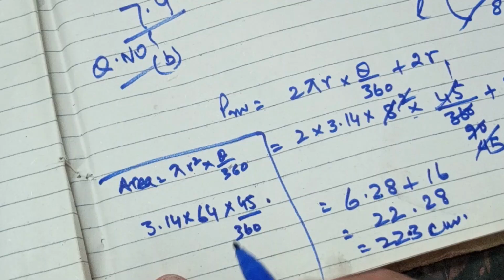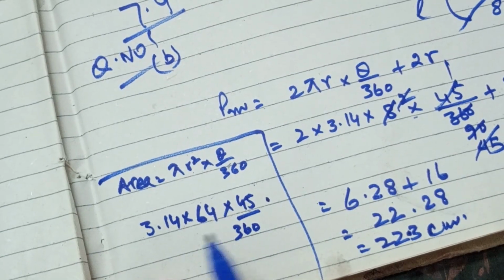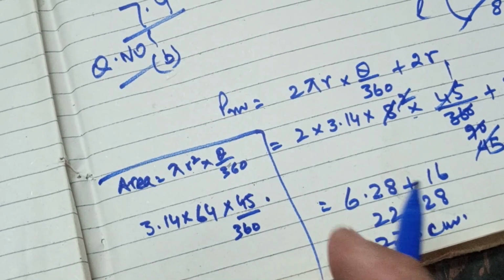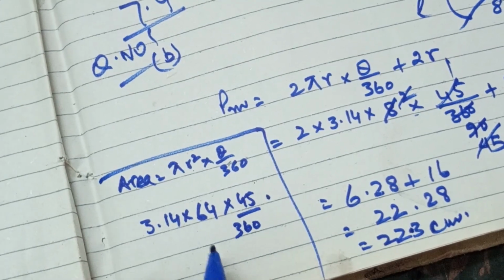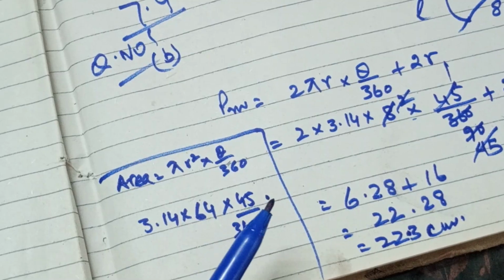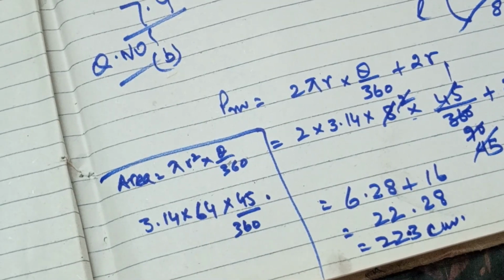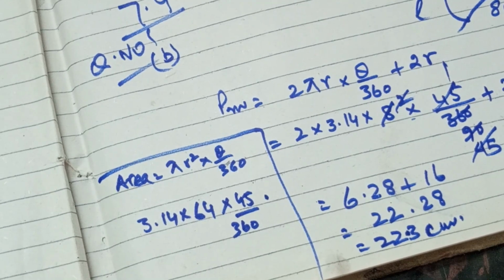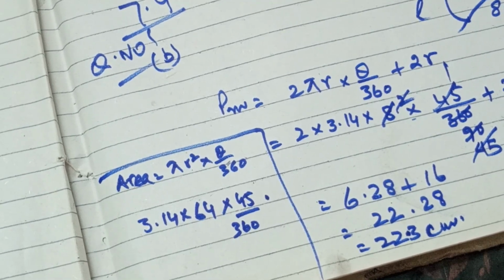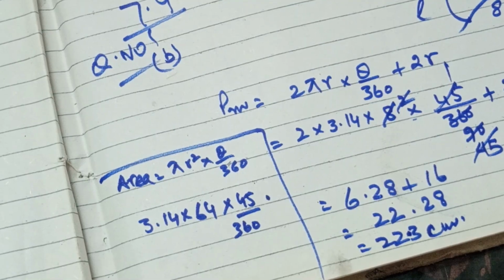So we'll calculate the whole thing with our calculator, or we can simplify these two terms. We can simplify, but for ease of calculation I am going to do it with 45 divided by 360 multiplied by 64 multiplied by 3.14.